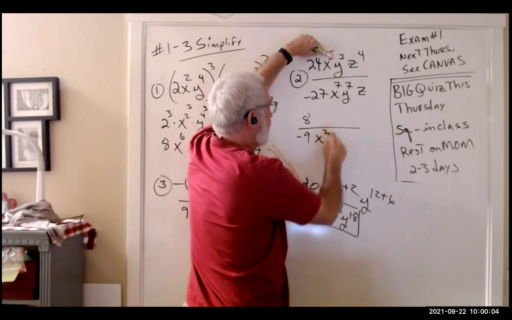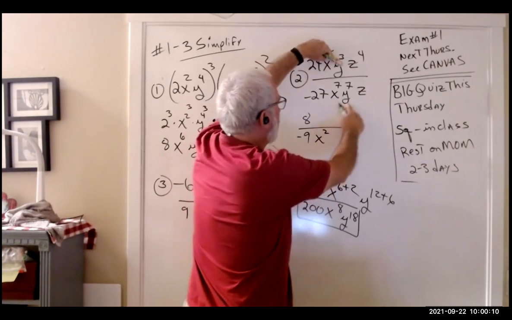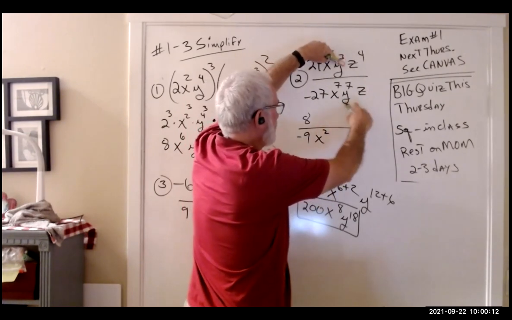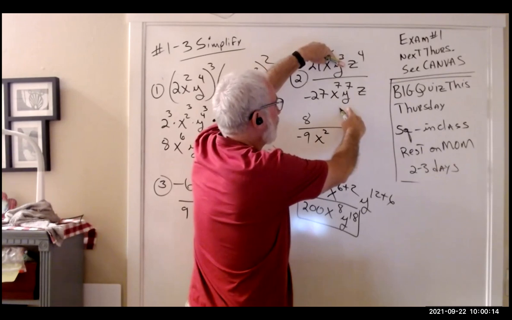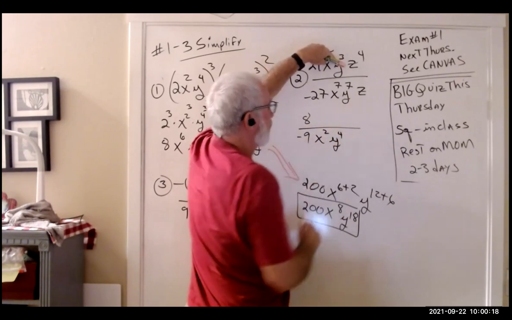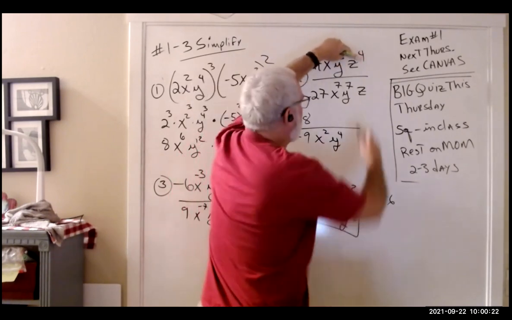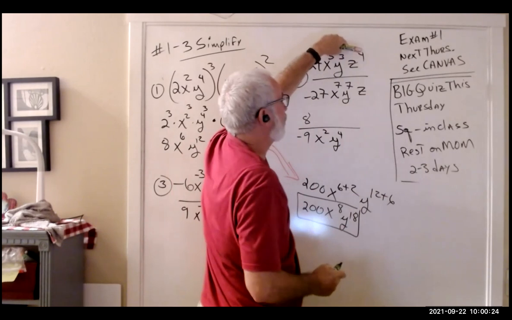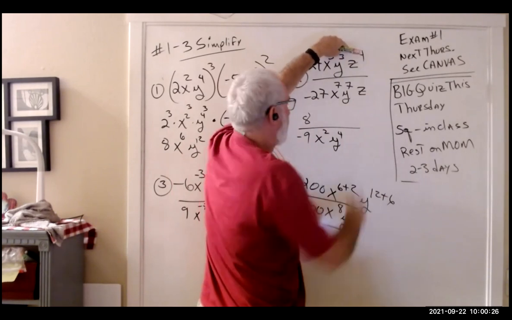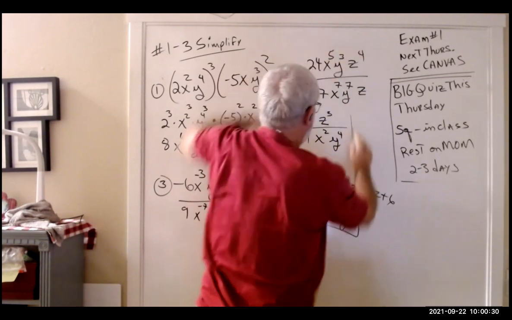After they cancel, I'll have 2 x's on bottom. Okay, move to the y's. I have 3 y's on top, 7 y's on bottom. So after everybody cancels, I'll have y to the 4th on bottom. And lastly, my z's, I have 4 z's on top, 1 on bottom. That will leave me z to the 3rd on top.